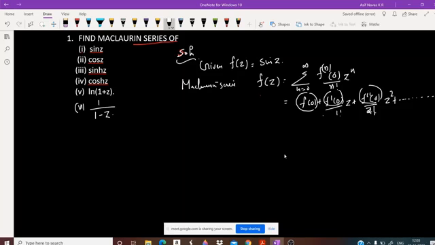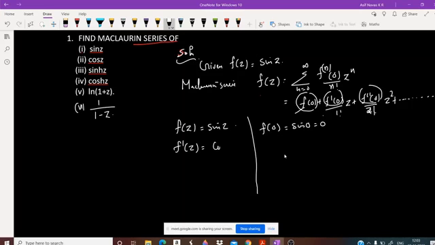Okay, so first we have f of z equal to sin z. Then what is f of 0? Sin z, instead of z it is 0, sin 0 is 0. Now what is f dash of z?